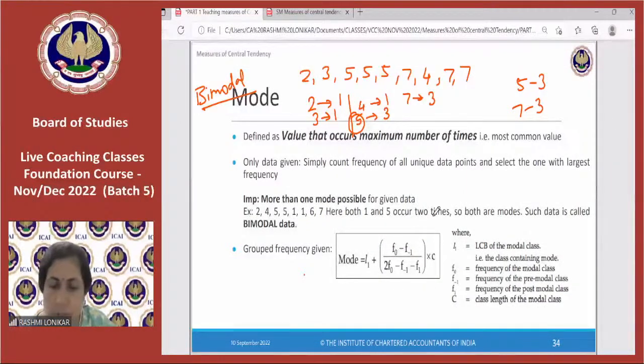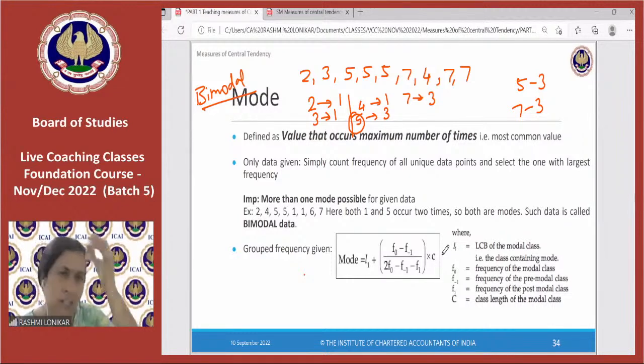Now, what is the formula? Mode is equal to L plus (F0 minus F of minus 1) upon (twice F0 minus F of minus 1 minus F of 1), into C. What this means is, first, you have to find the class which has the maximum frequency.